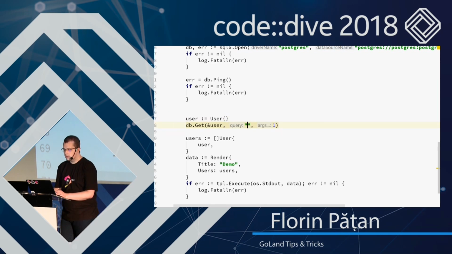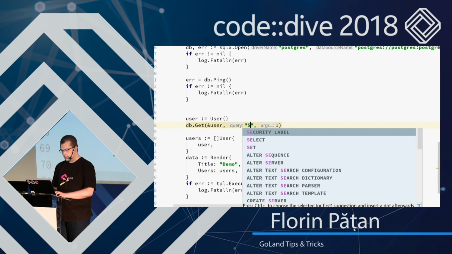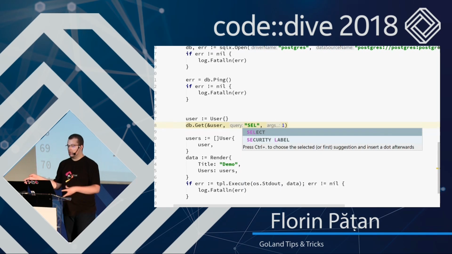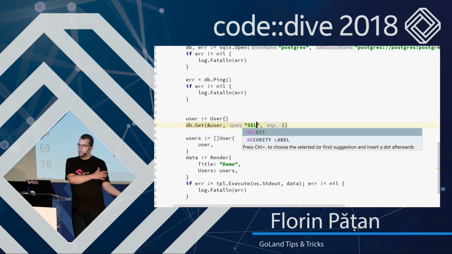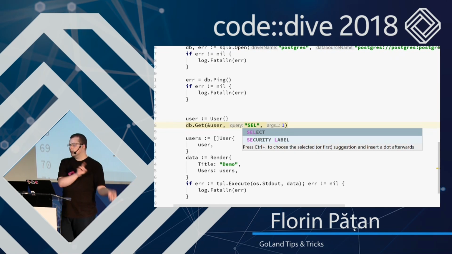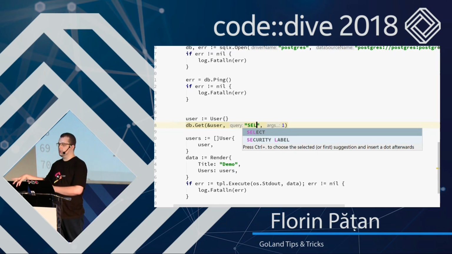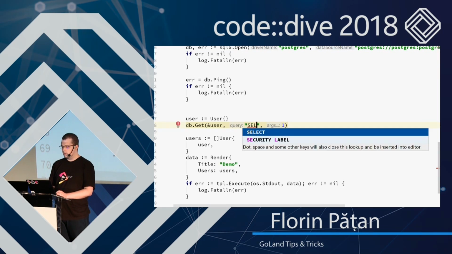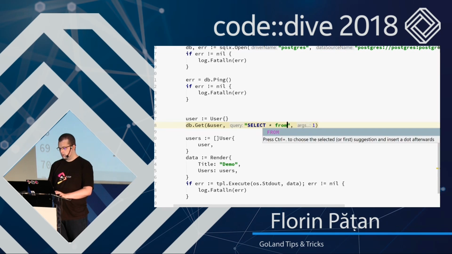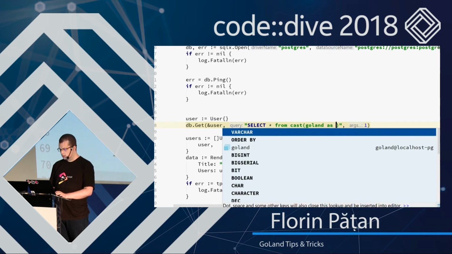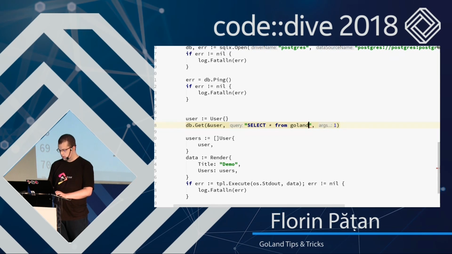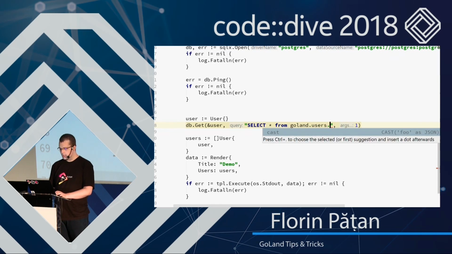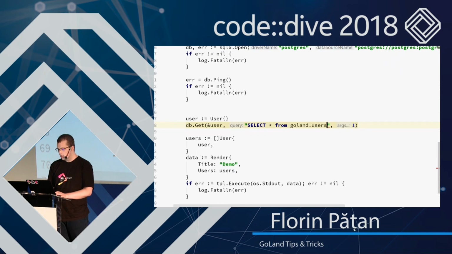Alright, so to write the query here, I would need to start writing select, right? And the IDE recognized that it's a database query that I'm trying to write because I'm using the Get function on a database object. And it said, oh, well, I know that the string here is actually a database query string. So let's give you some help. So select star from users, and that's where the IDE fails to actually recognize that.